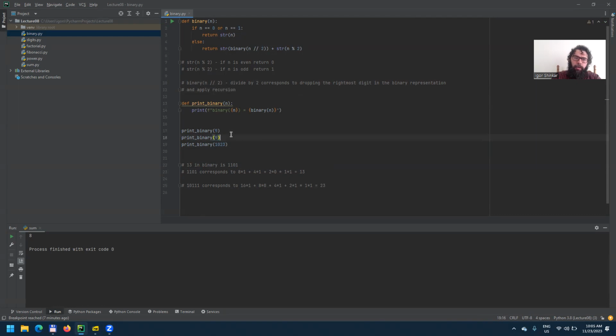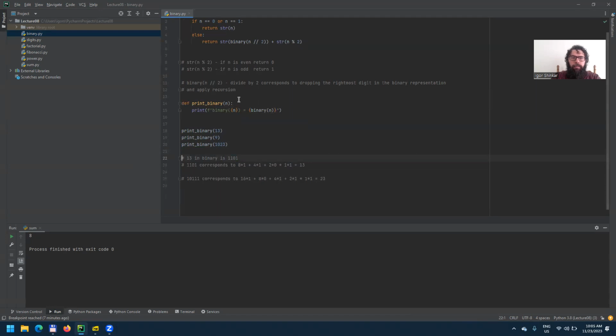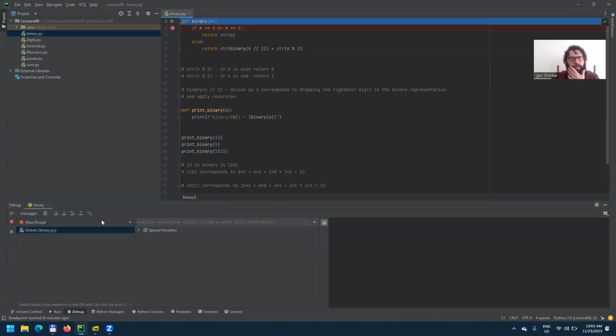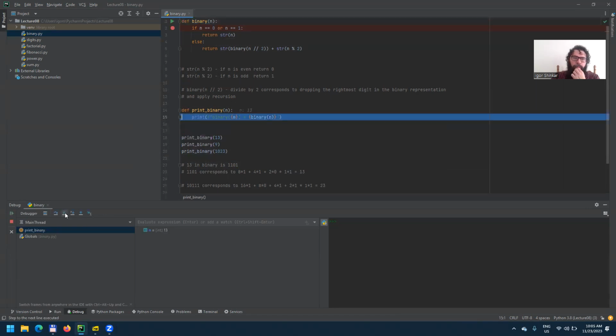Okay, so for example, let's try to run it on 13. Maybe we'll do it recursively. So, we know that the representation of 13 is 1101. Here is what we're going to do. So n is 13.